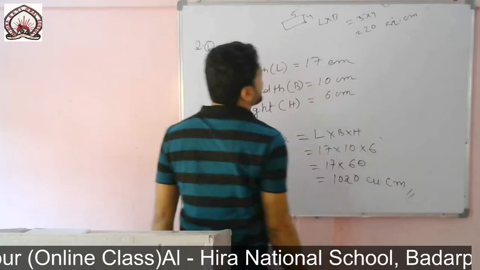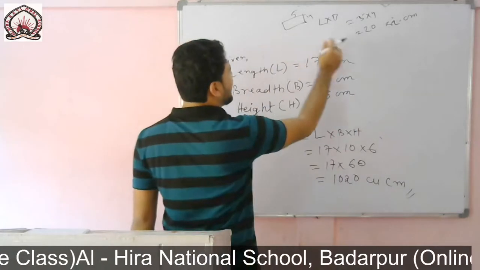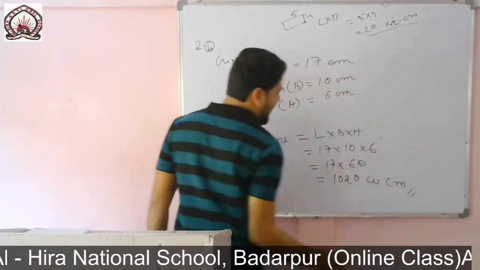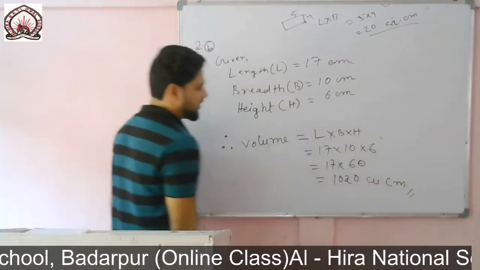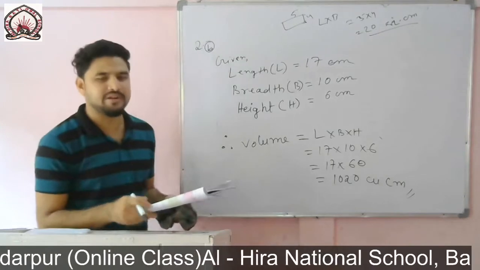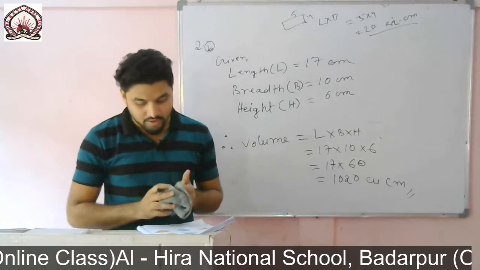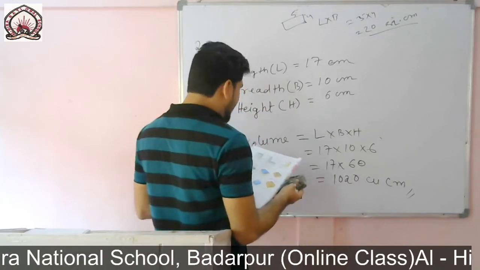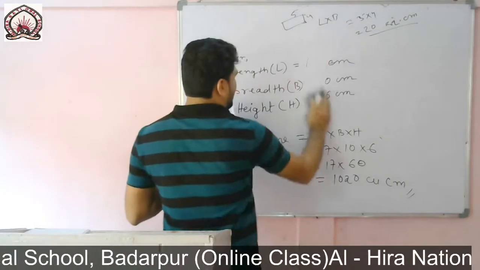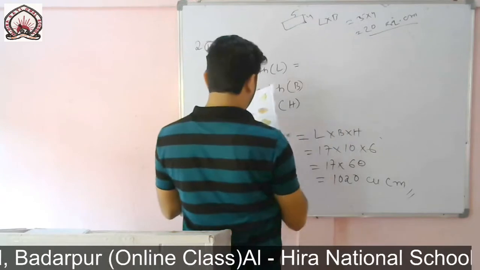That means square unit. At the time of finding area, we are using a square unit, but at the time of finding volume, we will use cubic unit. Okay, cubic centimeter or meter or anything. Okay, so you see question number C. Okay, so again you change the value.